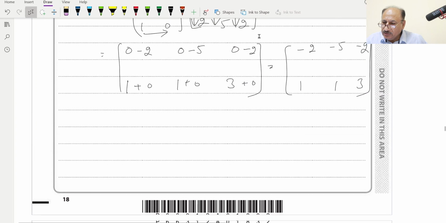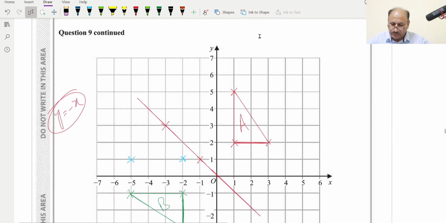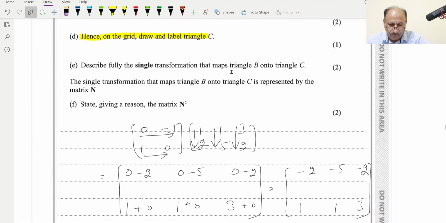And third is minus 2 and 3, so minus 2 and 3 will be this one. And we can draw the triangle which is required over here, and we have to label the triangle also as C. So this one we have labeled as C also. So this part is also done.